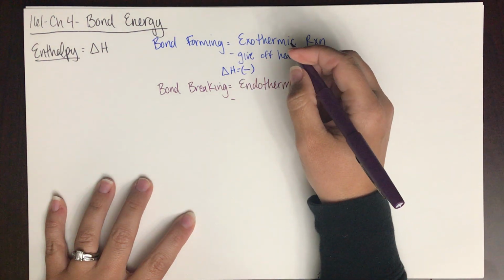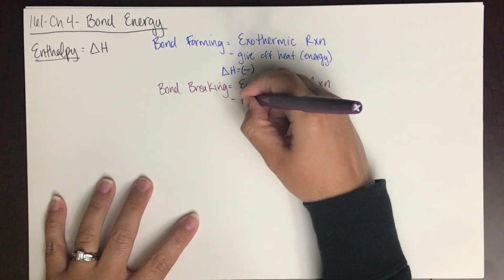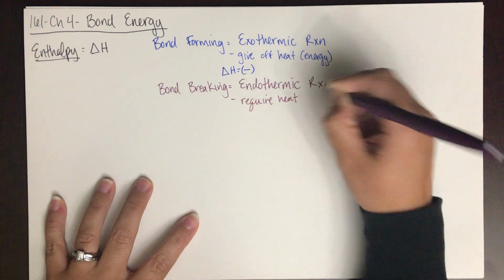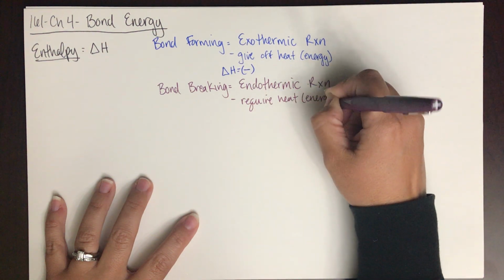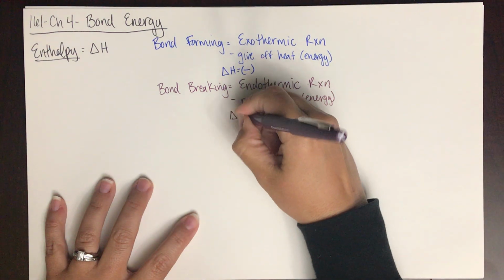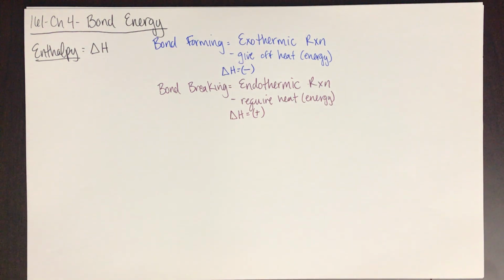Endothermic reactions require heat or absorb heat. Heat is a form of energy. Endothermic reactions have a positive delta H or a positive change in enthalpy.